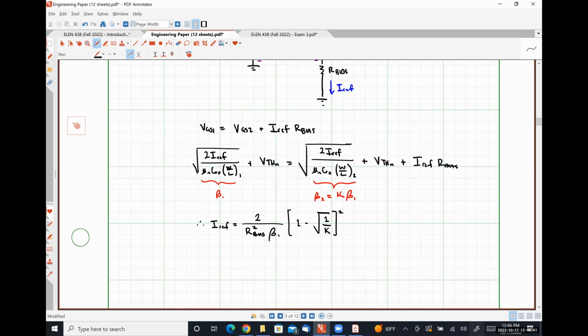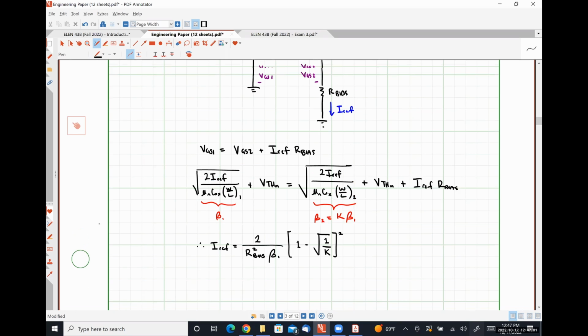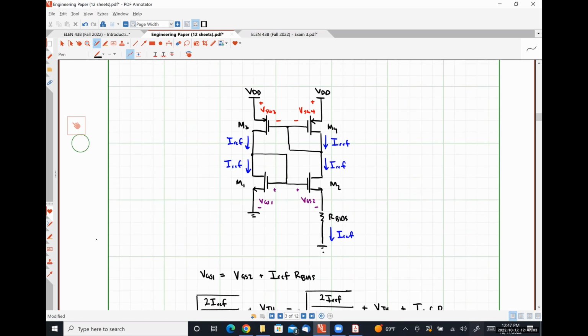And this allows us to solve for the biasing resistor value needed to achieve a particular reference current where we establish what that K factor is, okay? There are a couple of constraint-ish things that we need to pay attention to. The first of which is that this is a positive feedback circuit.